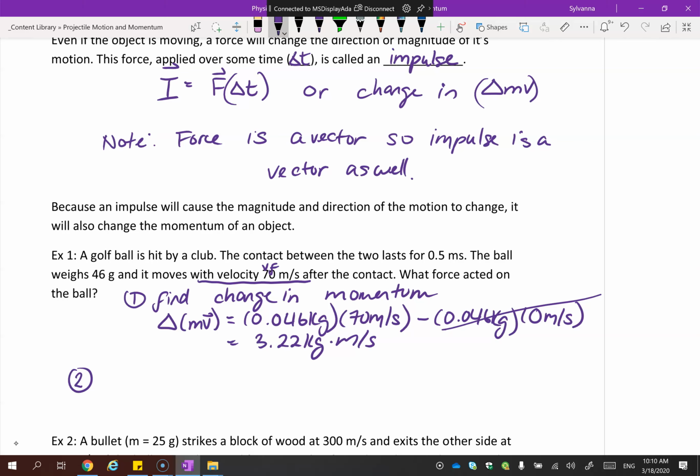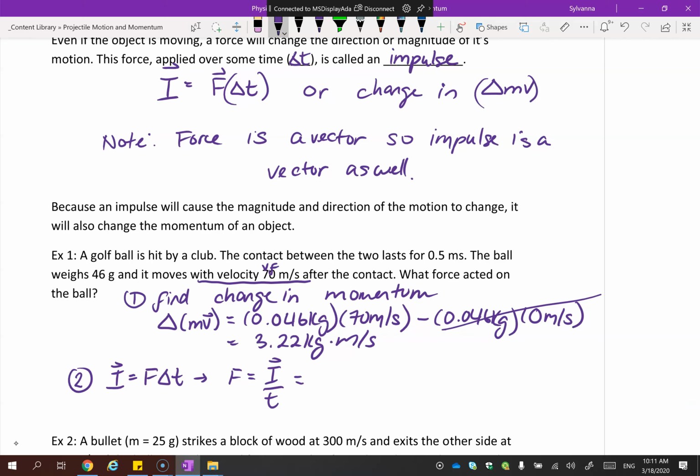Next thing we're going to do is find our force, and we're going to use that new impulse equation. And we'll just rearrange this so that we're solving for force. So force is impulse over time.